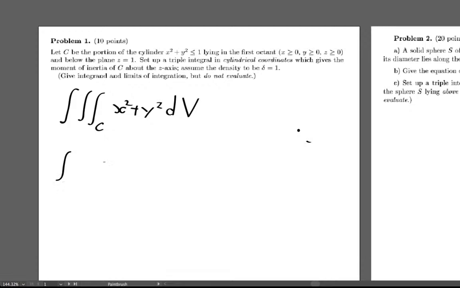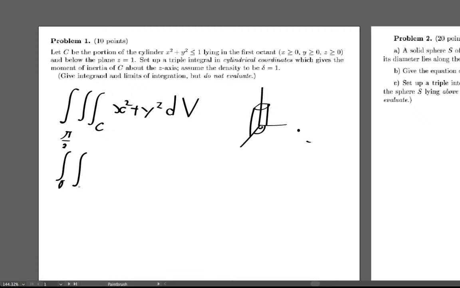Let's draw the first octant here, and this is the cylinder. This one is from 0 to pi over 2, as that's the limits of integration for theta.